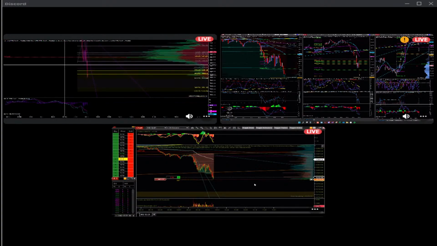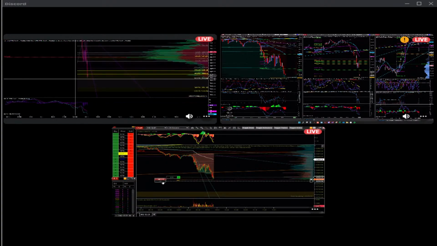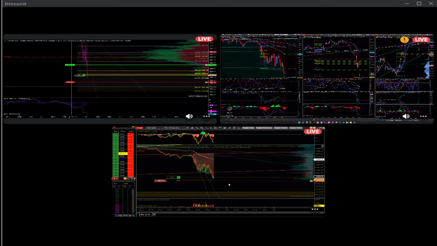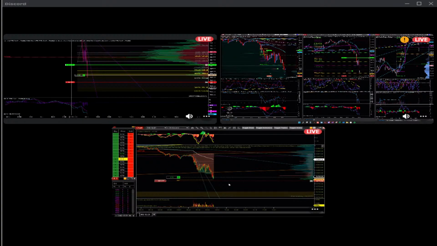I'm gonna enter here and put in my stop under the pivot point. If you enter with me, you can take a profit or put a stop, your call.